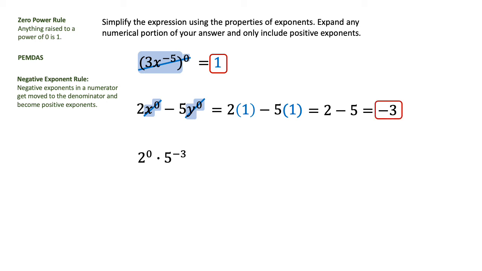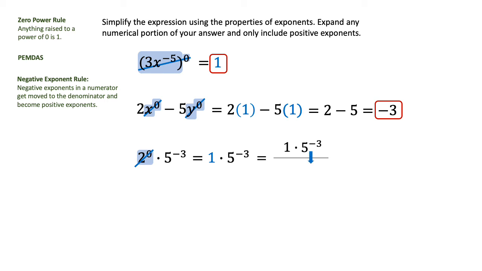And in the last expression, we have 2 to the 0 times 5 raised to a negative 3 power. The 2 to the 0 will be equal to a positive 1, and the 5 to the negative 3 power, we will need to apply the negative exponent rule to that. So we're going to go ahead and write this as a fraction with 1 times 5 to the negative 3 power in the numerator.